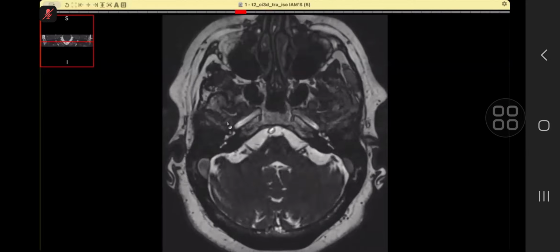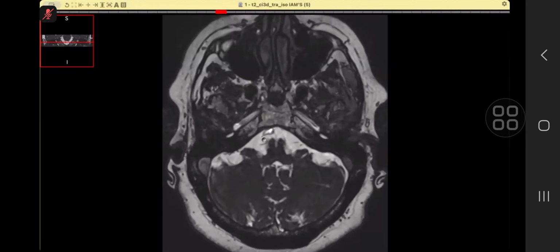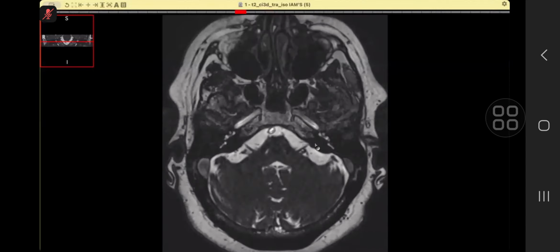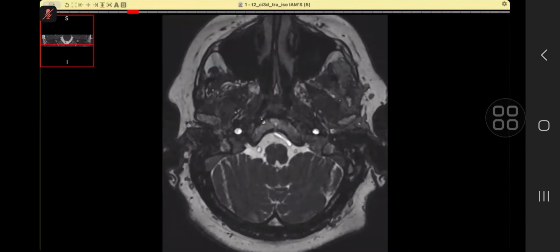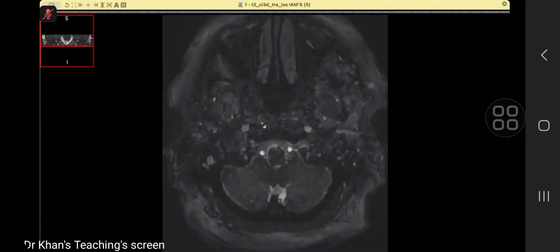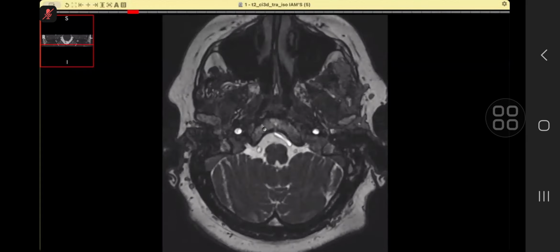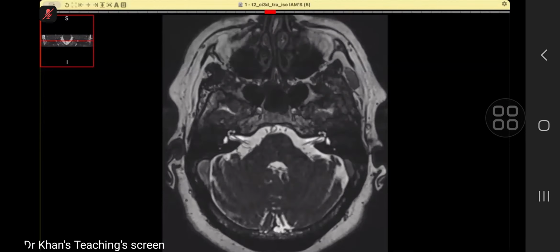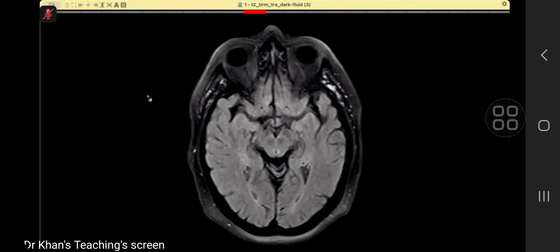So they did an IAM scan. This was the IAM, and IAM was normal. There were some sequences which in our protocol we do in addition. It's not a classical brain, so I'll show you one of them, and which is this one. Over to you.